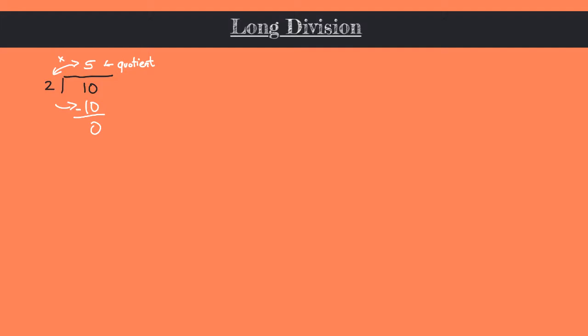Now the 2 in this problem here is called a divisor, and the 10 is called a dividend. Okay, and our 0 in this case would be our remainder.